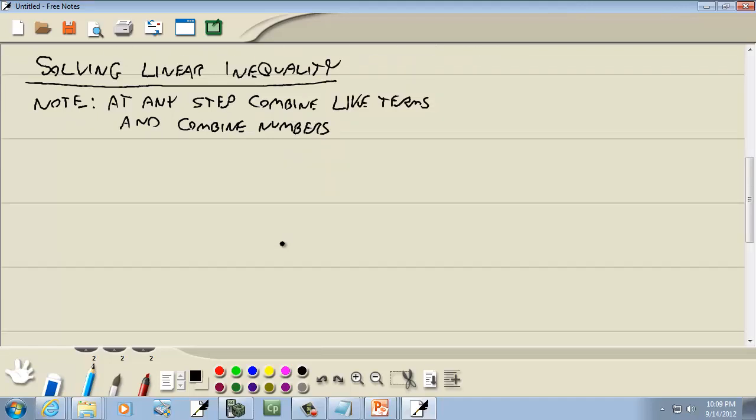Then our first step is get rid of parentheses. And we do this via the distributive property.